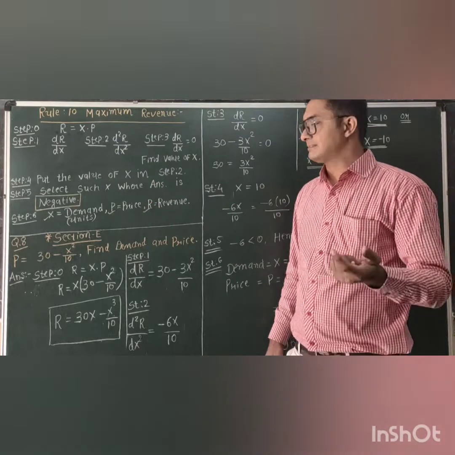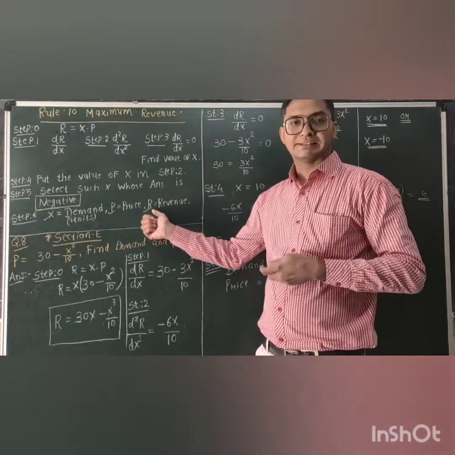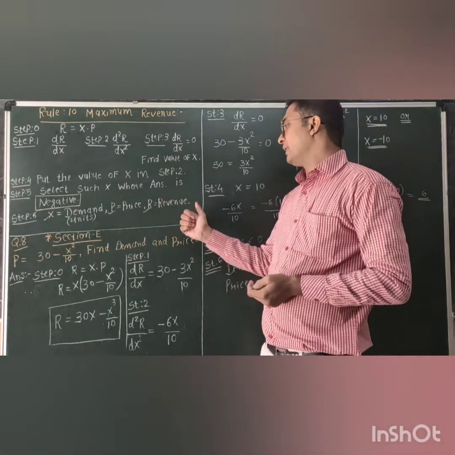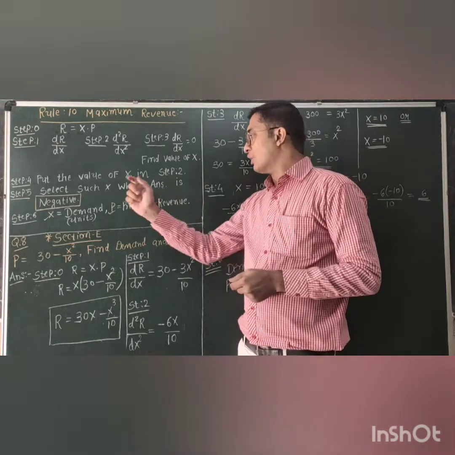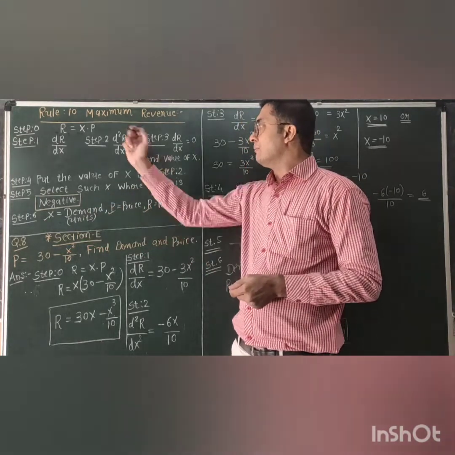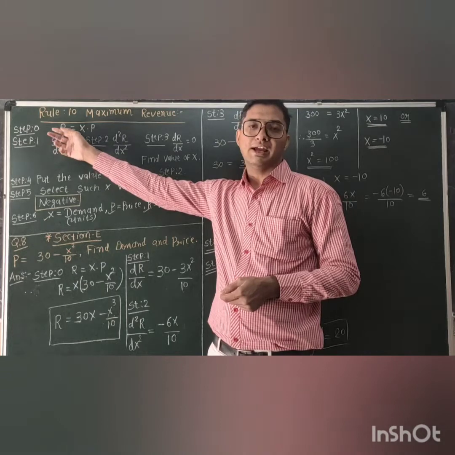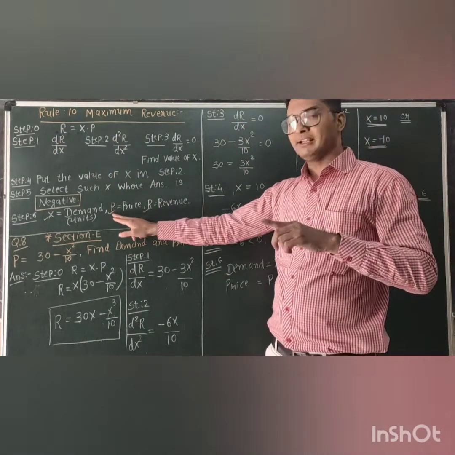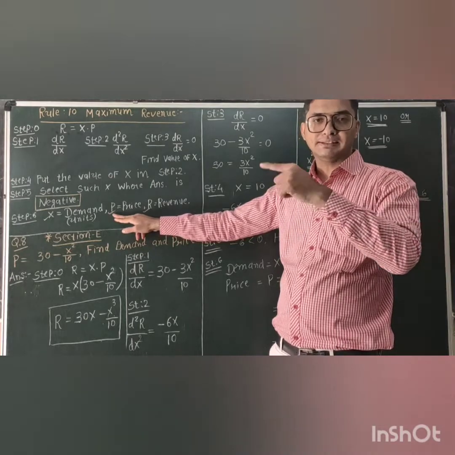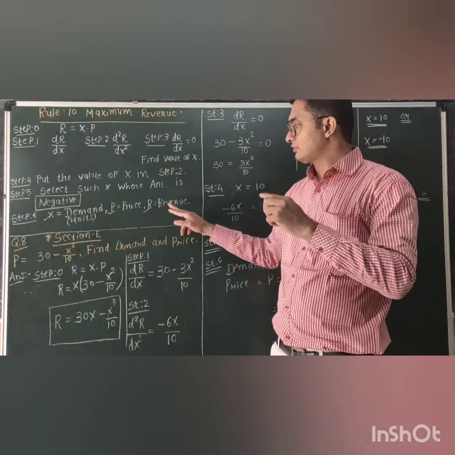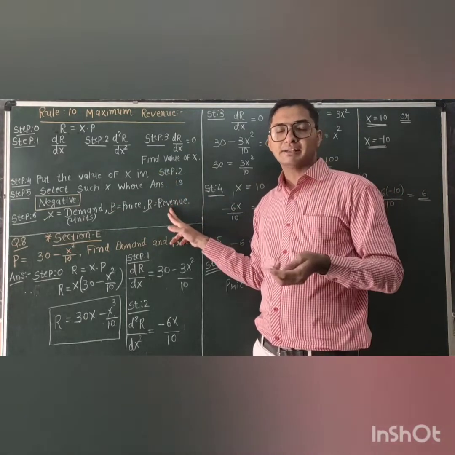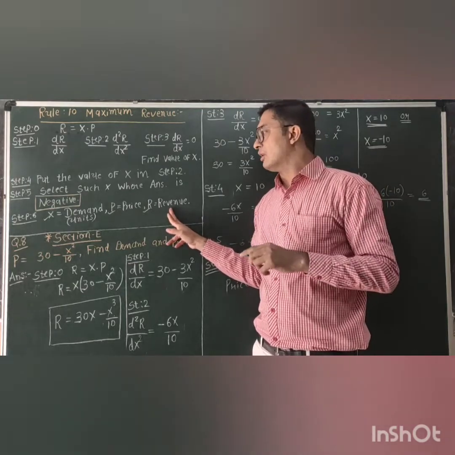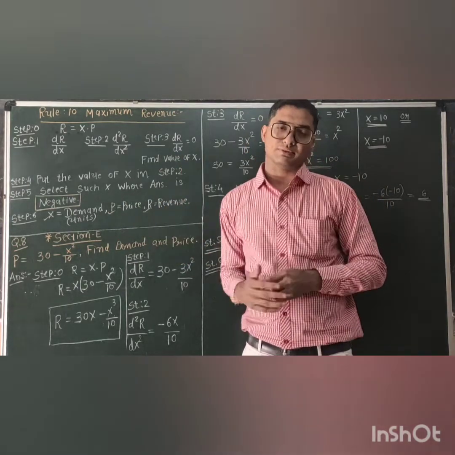And if they are asking to find the maximum revenue, then we have to put the value of x in the main function having r. So if they ask for price, put the value of x in equation p. If they ask about revenue r, put the value of x in the r equation.